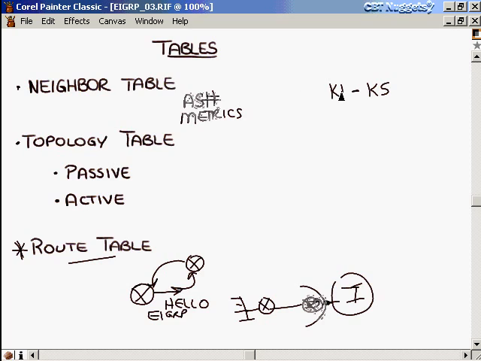The good thing is, by default, the only thing that's used is K1 and K3. And those two, as I said, are bandwidth and delay. All right, so if both routers here are using that same metric, now we're going to qualify them as neighbors. Once that's done, it's going to be added to the neighbor table.